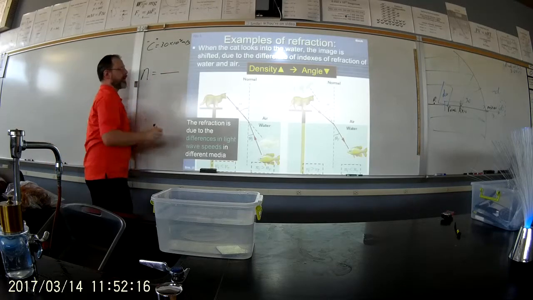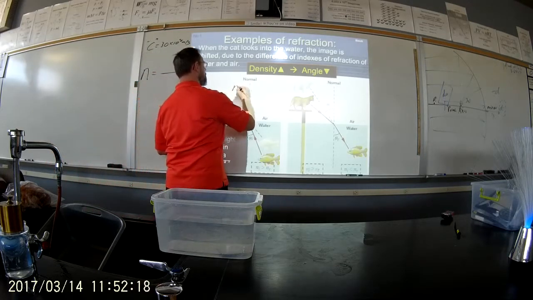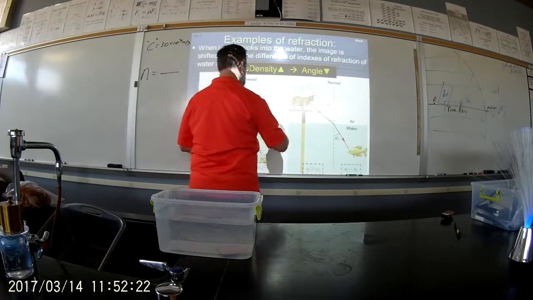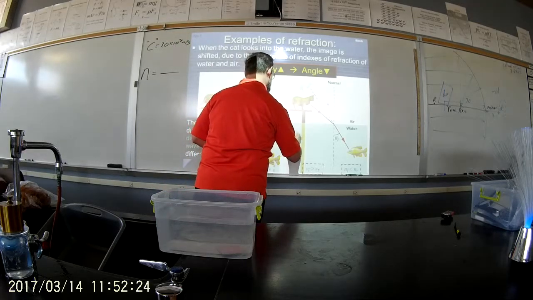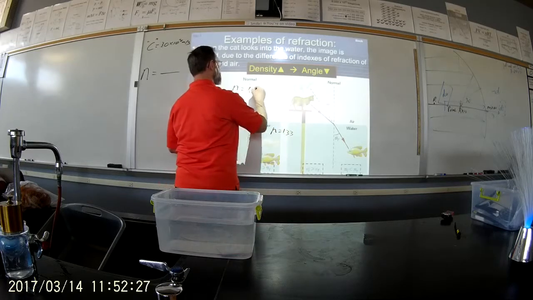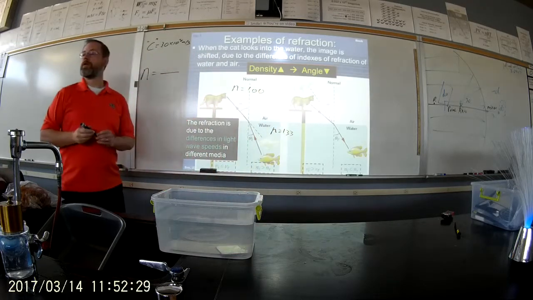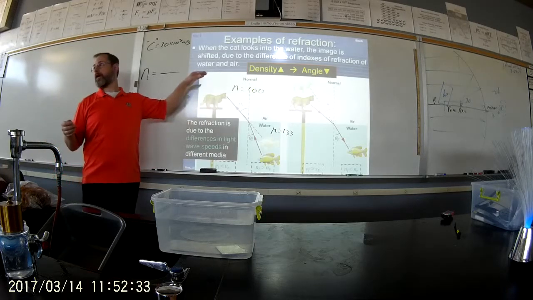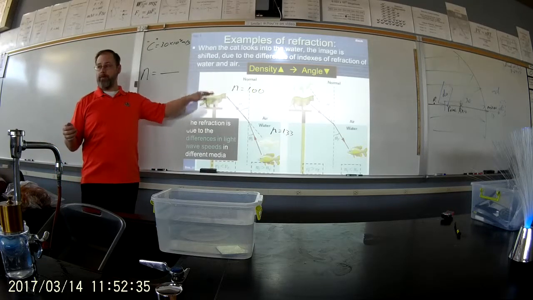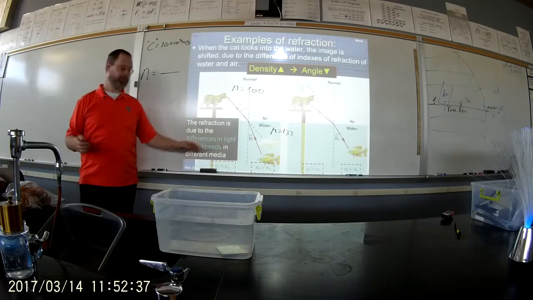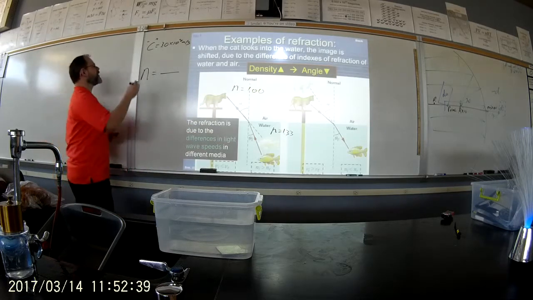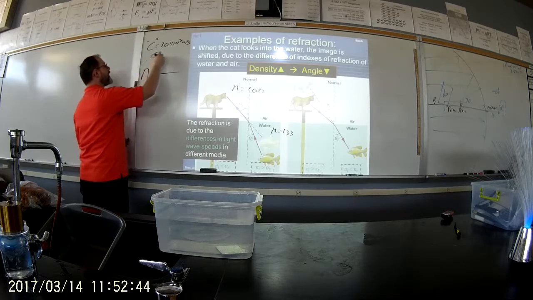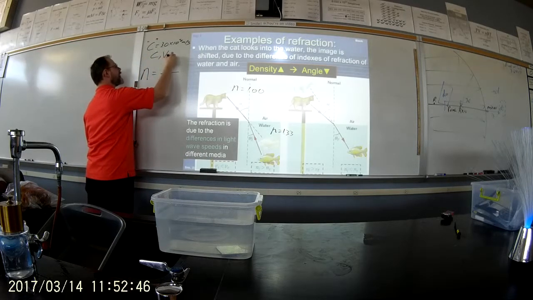Water's index of refraction is much larger than that of air. Water's index of refraction is 1.33. Air is 1.00. So, is light traveling faster in water or faster in air? Air. It's slowing down in water. Index of refraction is a ratio of c, the fastest light can go, and v, how fast it's going in a medium.